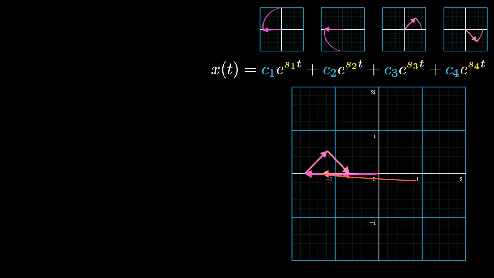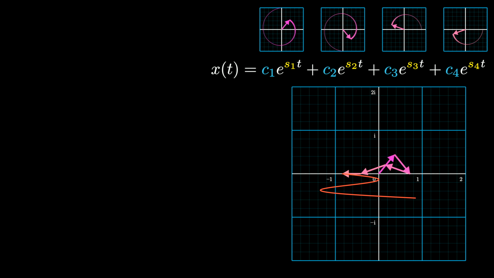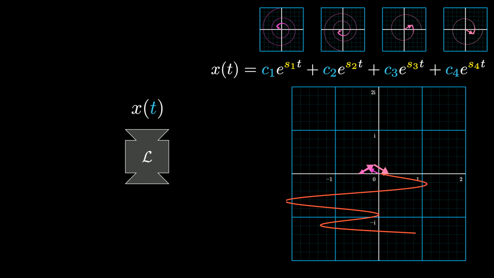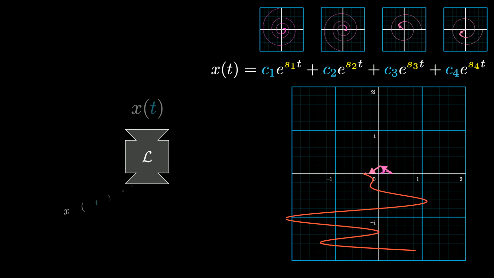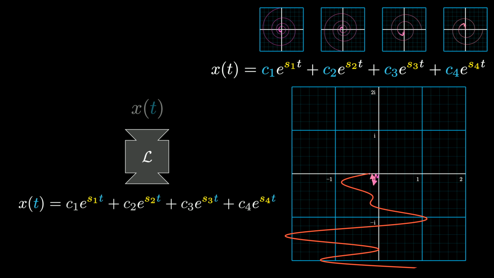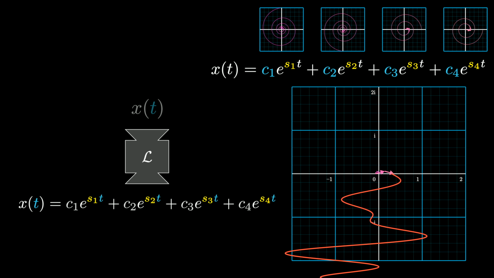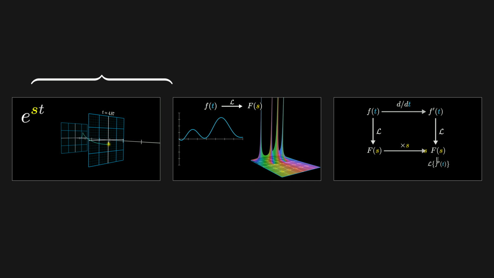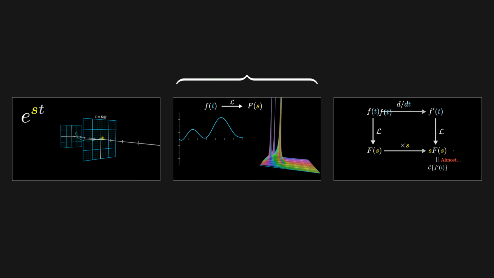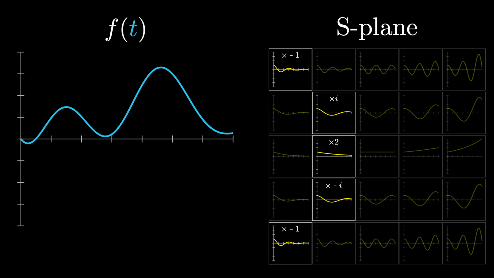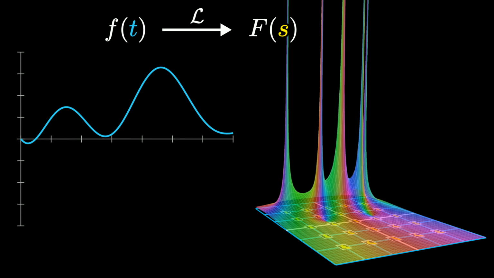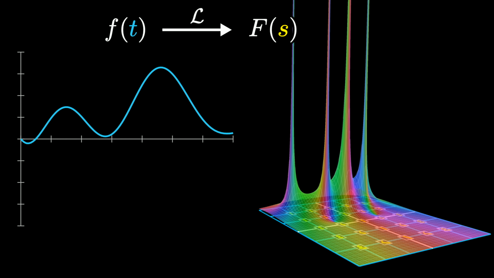The reason we care is that many functions in nature can be broken down into exponential pieces. So what we want is a machine that exposes how that breakdown looks. This is the key motivation for what Laplace transforms even are, and we unpacked that in some detail through the last chapter. Again, in the spirit of a quick recap, the rough way this transform looks is that it takes a function of time and translates it into a new language, turning it into a new function whose input is this complex number s.